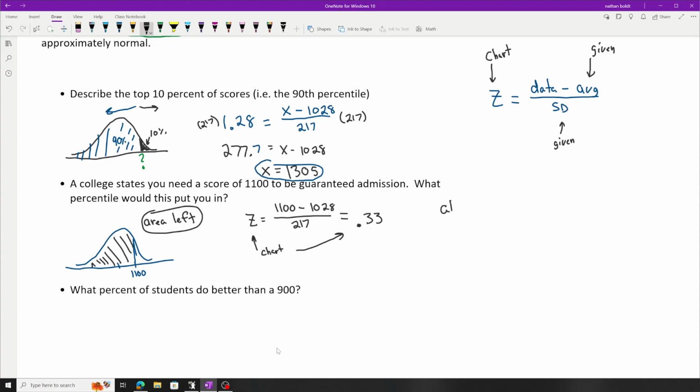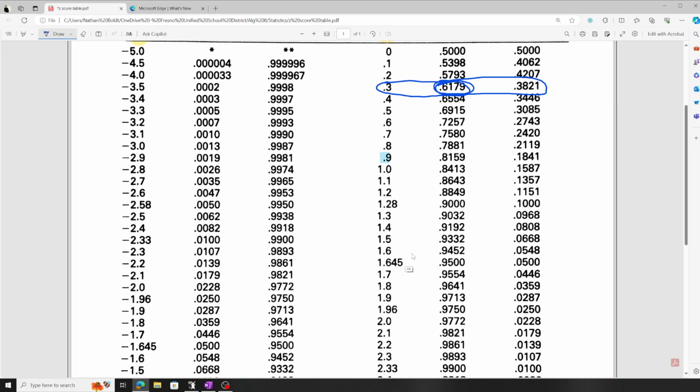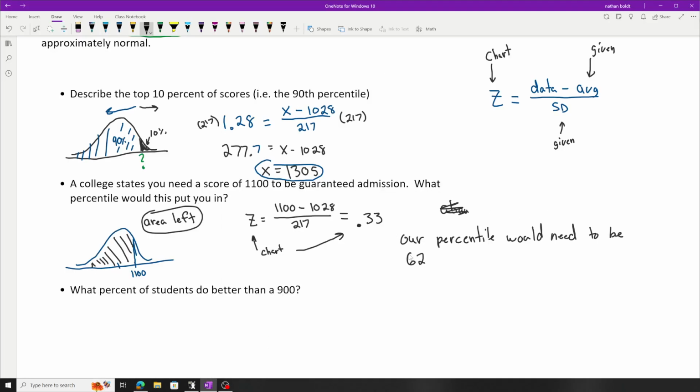So our percentile would be 62-ish, 62nd.